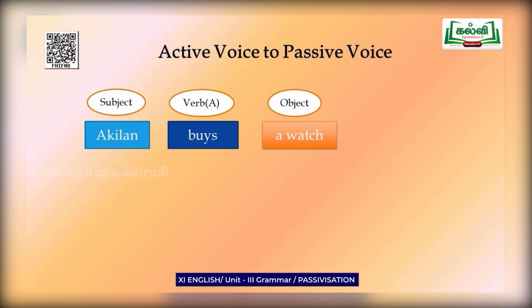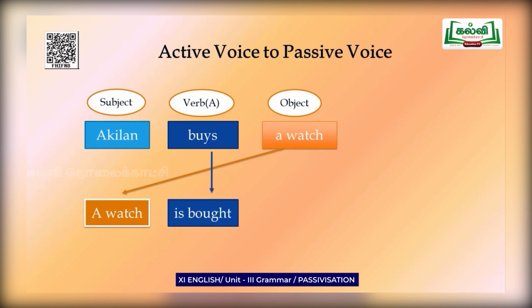The following changes happen in the conversion from active voice to passive voice. First step, the object in the active voice, a watch, takes the position of the subject in the passive voice. Second step, active voice verb to passive voice verb: buys to is bought.